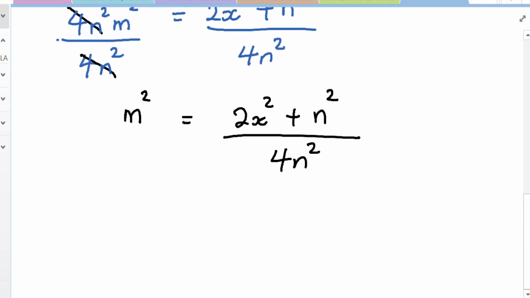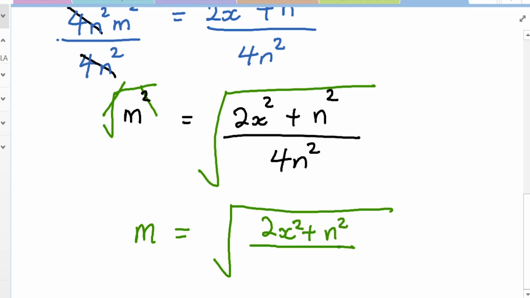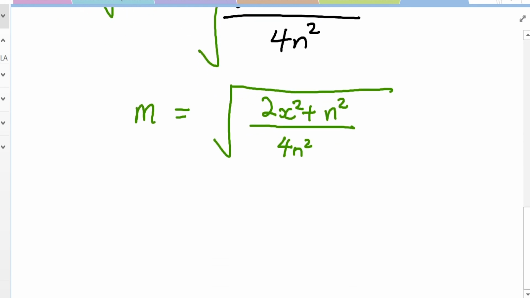So from there, we can go ahead and find the square root so that we remain with m. Square root on both sides, this goes with that. You remain with your value of m as the square root of 2x squared plus n squared, divided by, let's first leave it as 4n squared. And maybe to simplify the solution further, take note that this 4 is the same as saying 2n, this whole thing squared.